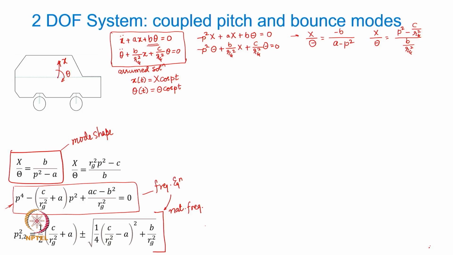Whenever there is a pitch, there will be bounce. And these two natural frequencies P1 and P2 are called coupled pitch and bounce mode natural frequencies.